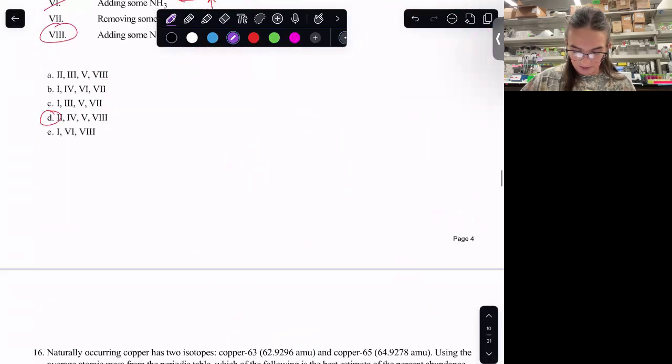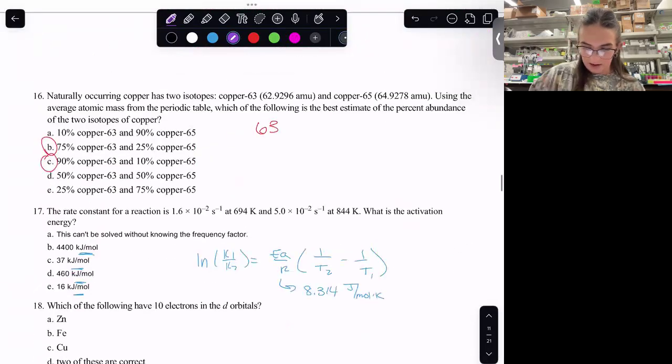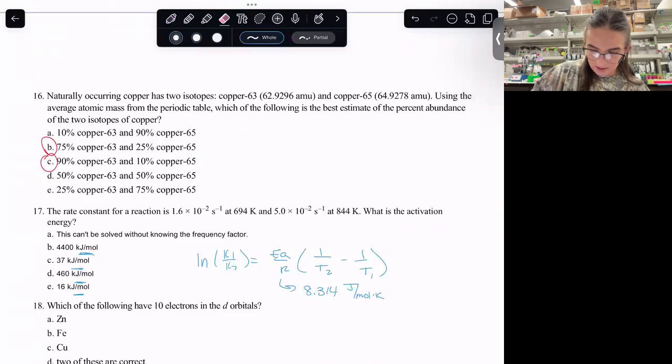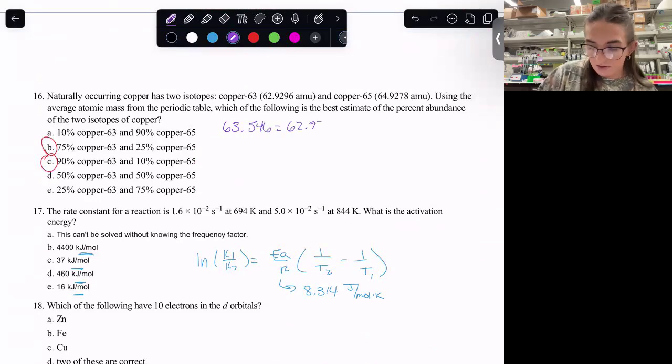And then for 16 real quick, how I solved this was you look at the periodic table for the mass. And then I used this the first time, but this is how you should do it.